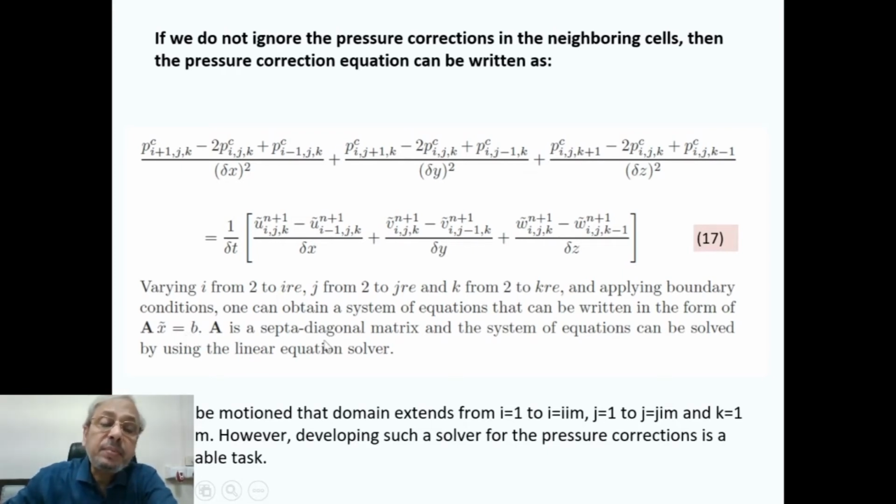A is a septadiagonal matrix, and the system of equations can be solved by setting up a linear equation solver. Today, quite a few advanced open source linear solvers are available, like BiCGStab or Hypre, etc. Those can be linked also, but at the moment, we will not take our discussion in that direction.